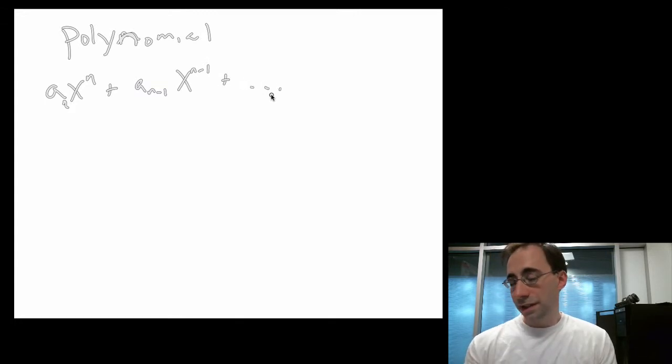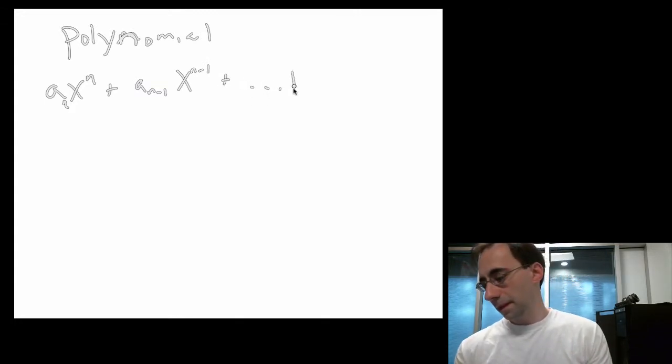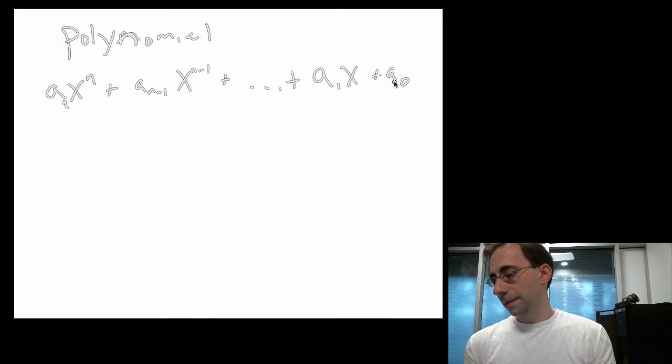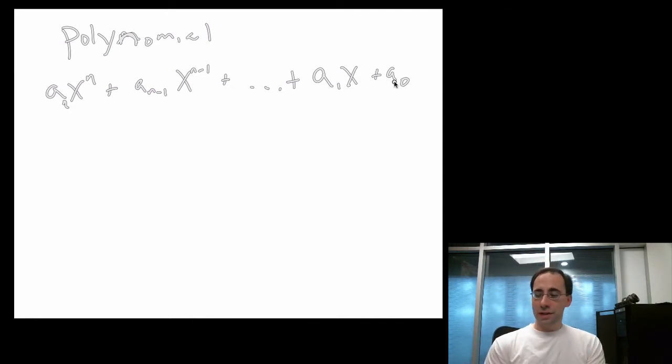Here dot dot dot means continue the sequence onward. Plus a0. That's a general polynomial equation. That's the most general kind of equation that involves exponents on x, so constant exponents on x.